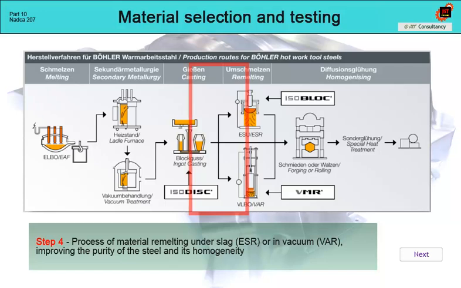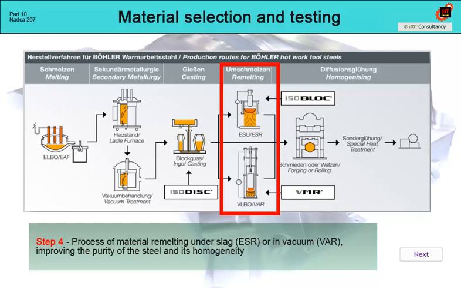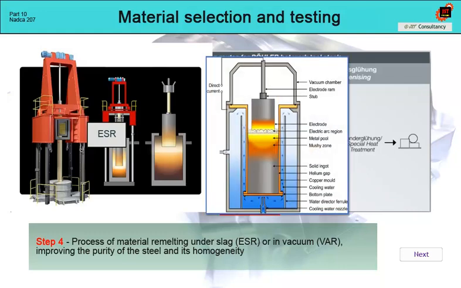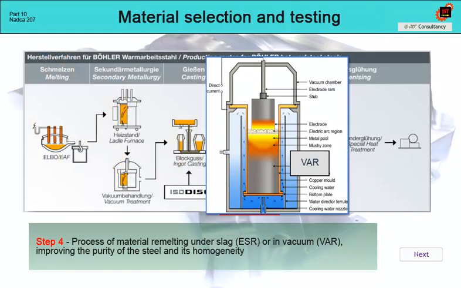In order to eliminate these risks, another operation is included, the so-called steel remelting. The ESR, electroslag remelting process, or VAR, vacuum arc remelting process methods are most often used. In the VAR method, the entire process is carried out under a high vacuum at a pressure of up to 10 Pascal.